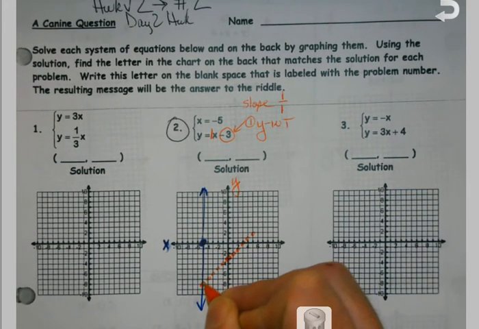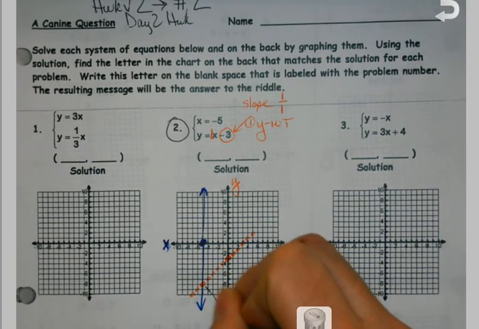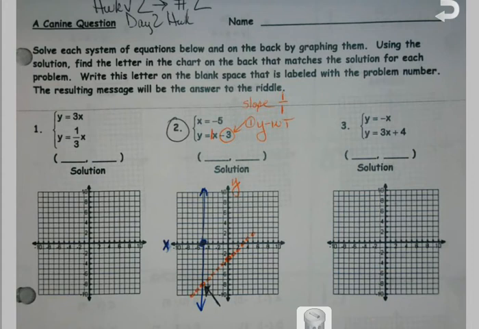There we go. Okay. So right there, there is my point. But what point is it? If I start back at 0, how many did I go left and how many did I go down to get here?